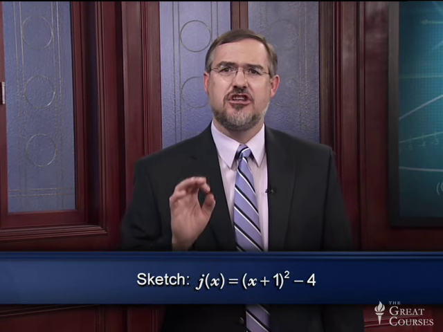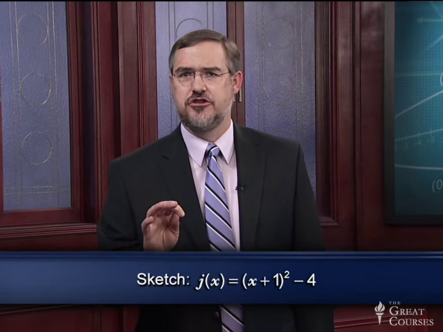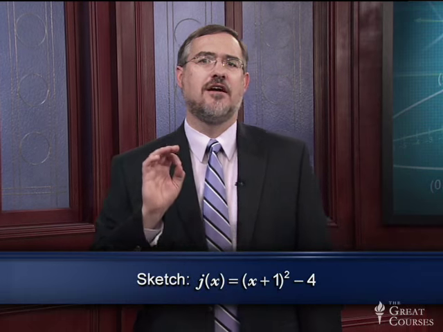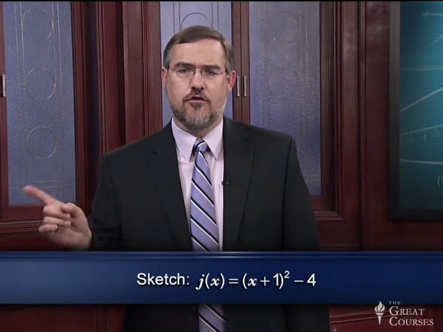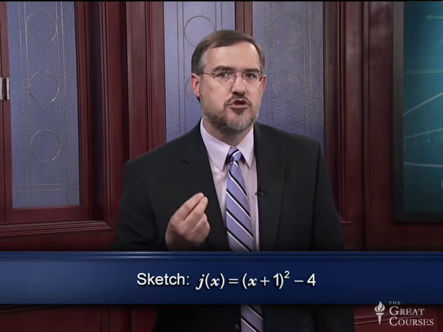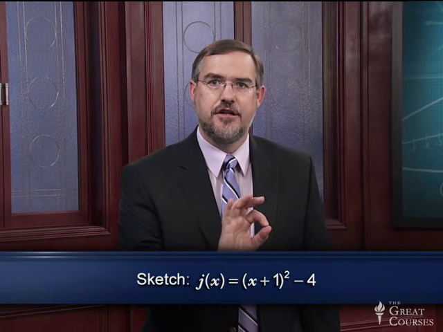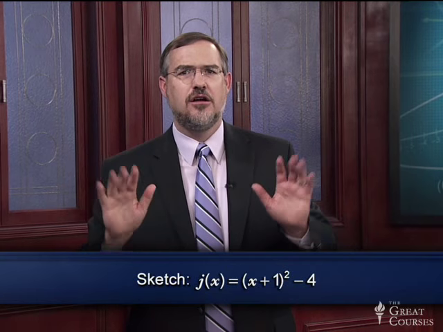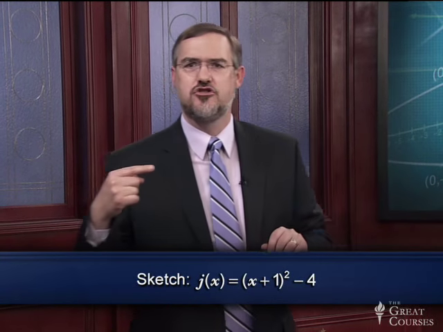Now, what is changing the x to the x plus 1 going to do to the graph? Well, it will move the graph of x squared over 1 unit. Which direction? That's right, it's going to move it to the left. Now, you might say to me, hold on, wouldn't plus 1 move it to the right?